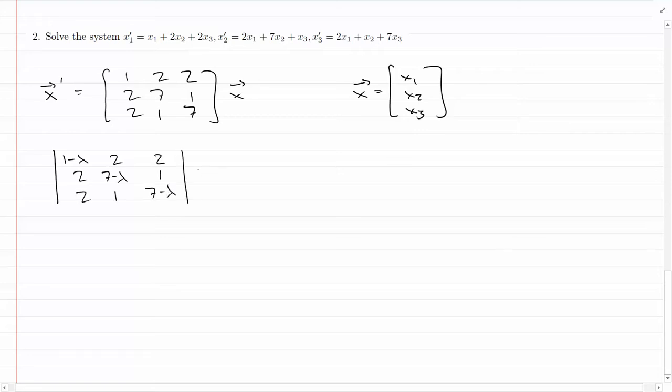And then to do the 3 by 3 determinant, we'll do the Calc 3 trick, where we take the first two columns and put them on the right side here, and then do diagonals. So we do the first diagonal. That would be 1 minus lambda times 7 minus lambda squared.